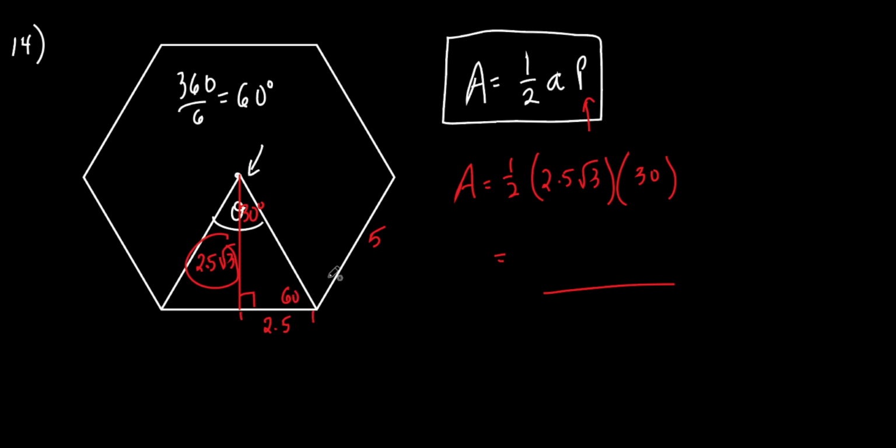But you can't do that right now. You haven't been taught that stuff, but you will. The very last chapter that we do in this class is going to be trig. So right now they're only going to give you stuff that you can do. They'll give you a 30, 60, 90, or a 45, 45, 90. Those are really your only choices at the point that you're at right now. Make sense? All right.